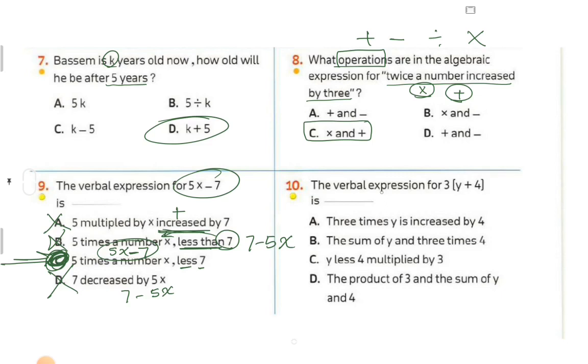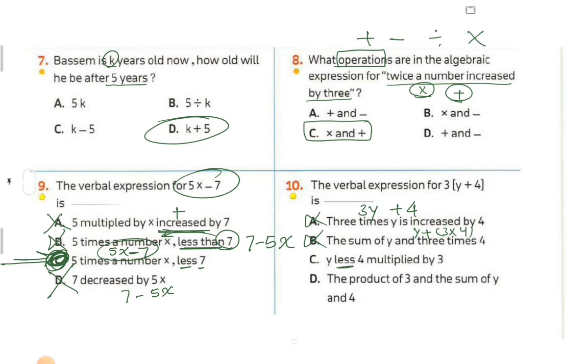The verbal expression of 3 times (y plus 4): is it 3 times y increased by 4? It's wrong. The sum of y and 4 times 3? It's wrong. Y is in the bracket. Y less 4 multiplied by 3?